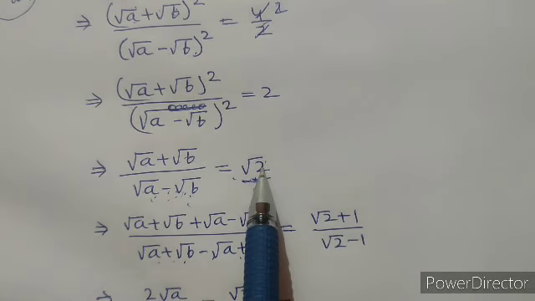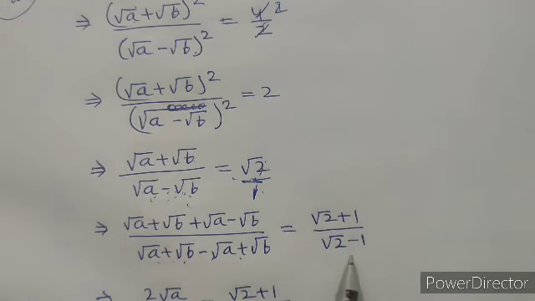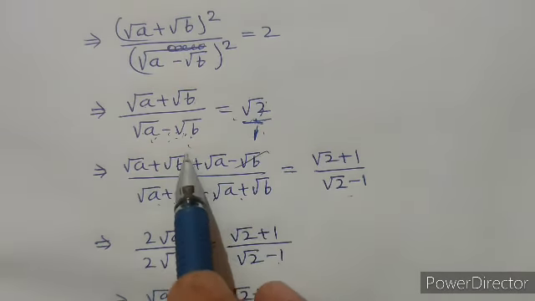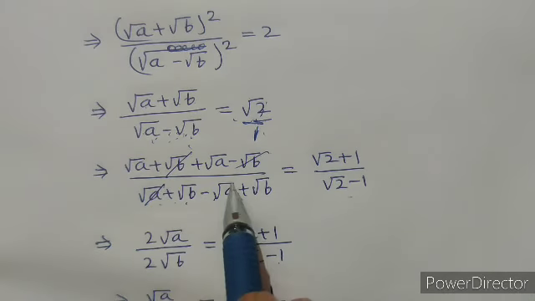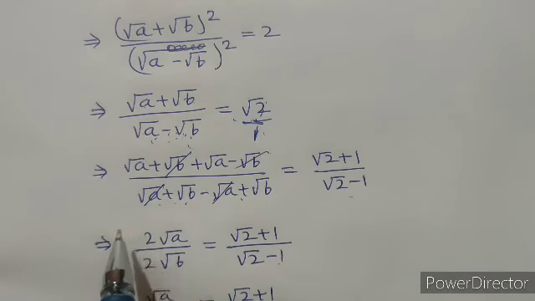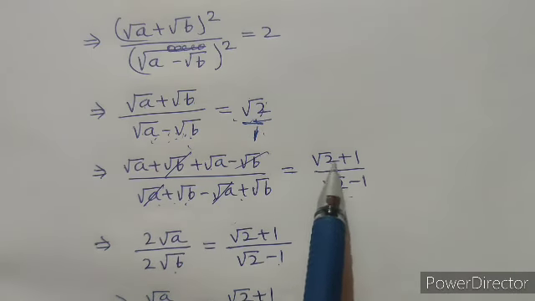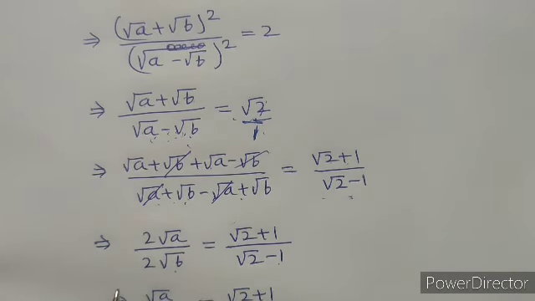So that will be (√2 + 1)/(√2 − 1). Here this √b will cancel out, and √a will cancel out, and this will give us 2√a/2√b = (√2 + 1)/(√2 − 1).